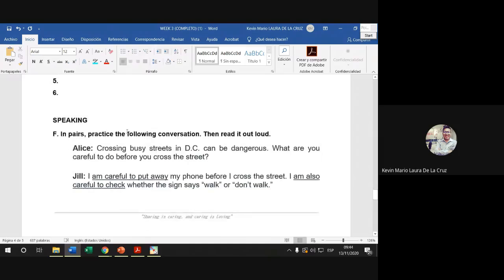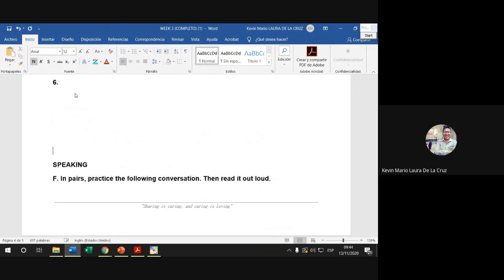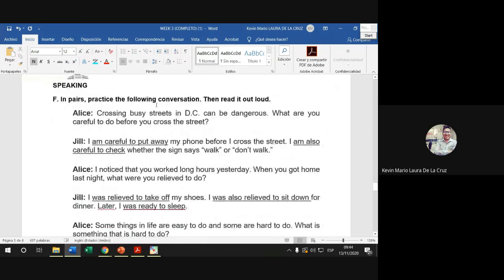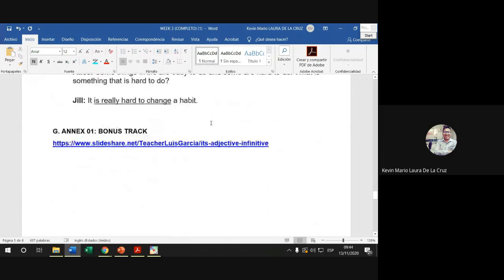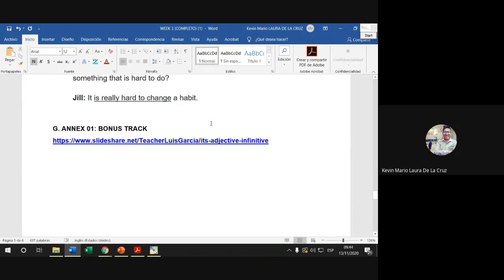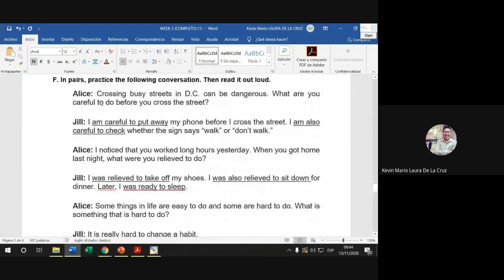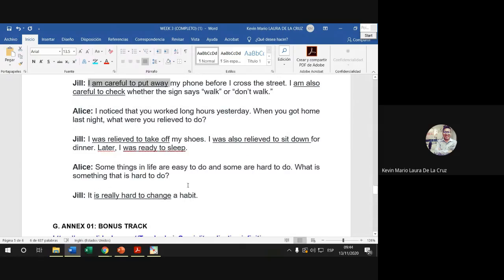That's okay. This is the speaking part. The speaking part here says, practice the following conversation, then read it aloud. So look, what you have to do is just read the conversation together, emphasize a lot of these kind of words, underline them, and add something else to the conversation.